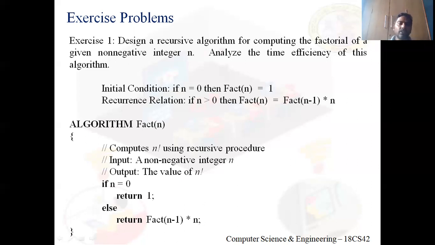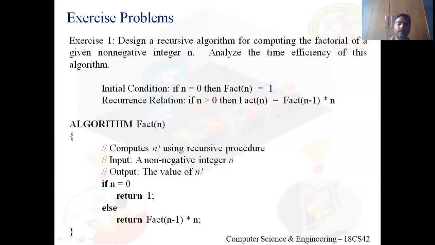Got it? Now I know what my initial condition is and what my recurrence relation is. Now I can write an algorithm. So look at the algorithm: if n equals 0, if the algorithm is invoked with 0, it returns 1.